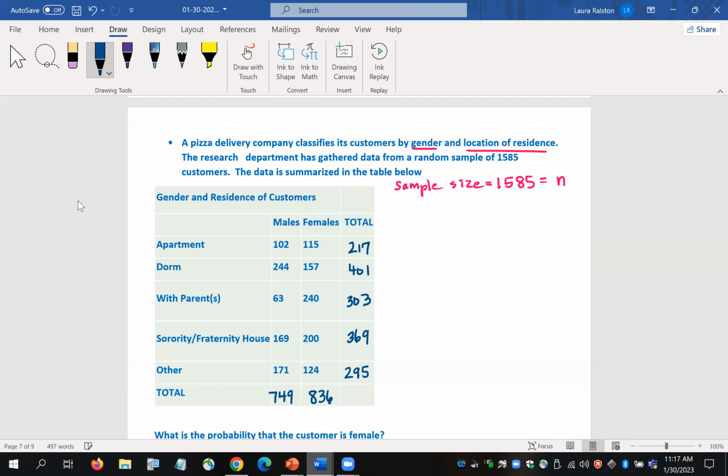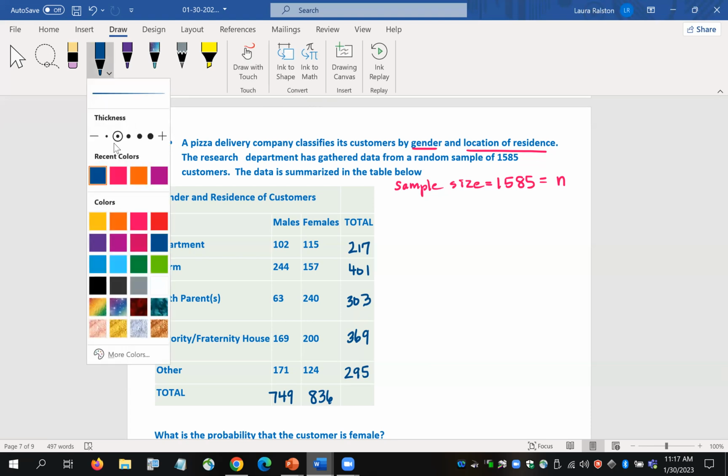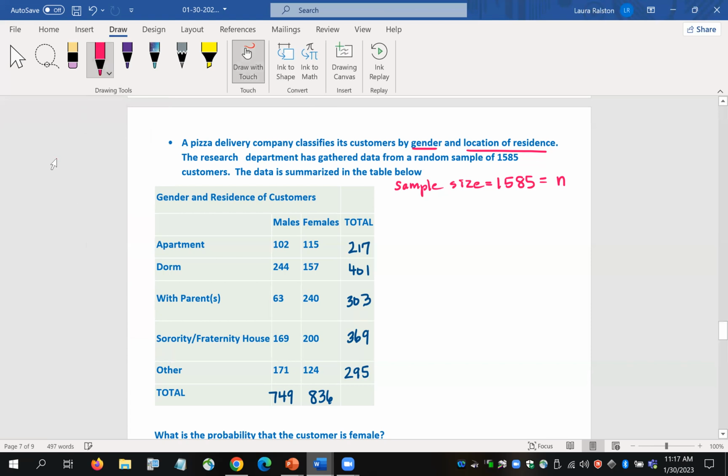Now remember, this corner should total to my sample size, which is 1,585. So if I do 749 plus 836, I'm good there. I've got 1,585. I'm going to double check myself, make sure I didn't misadd somewhere. So I'm going to do 217 plus 401 plus 303 plus 369 plus 295. Again, it totals, my column totals to 1,585. So I've double checked, I didn't misadd anything.